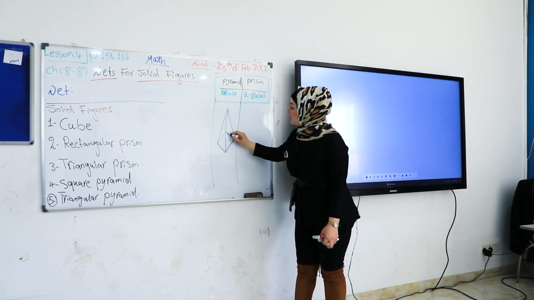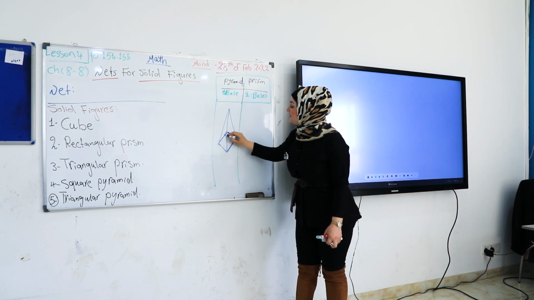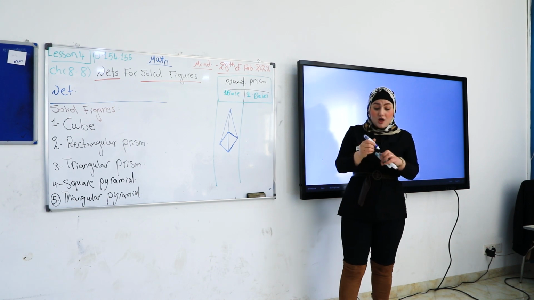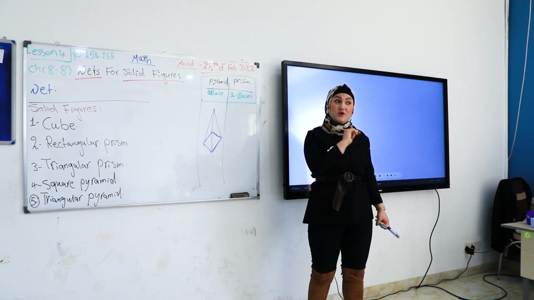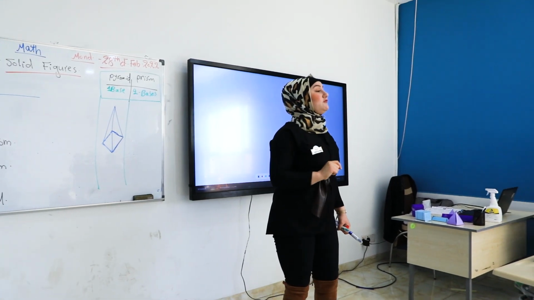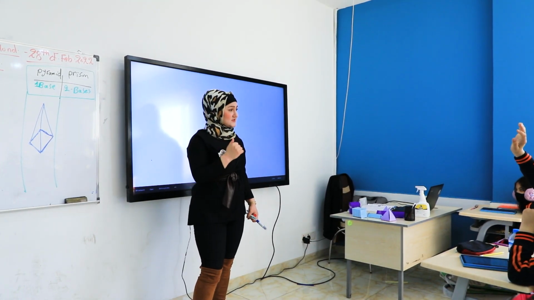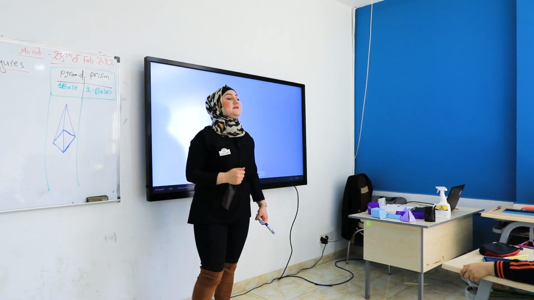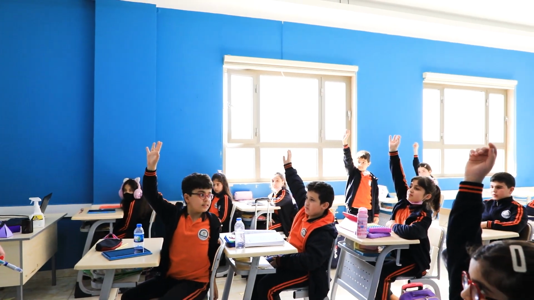So what do we call this? Who's very clever to tell me? I have two questions. Why a square pyramid, not a triangular pyramid? Second of all, why not a square prism? Why did we say it's a square pyramid? Yalla, clever ones. Why is it a square pyramid?